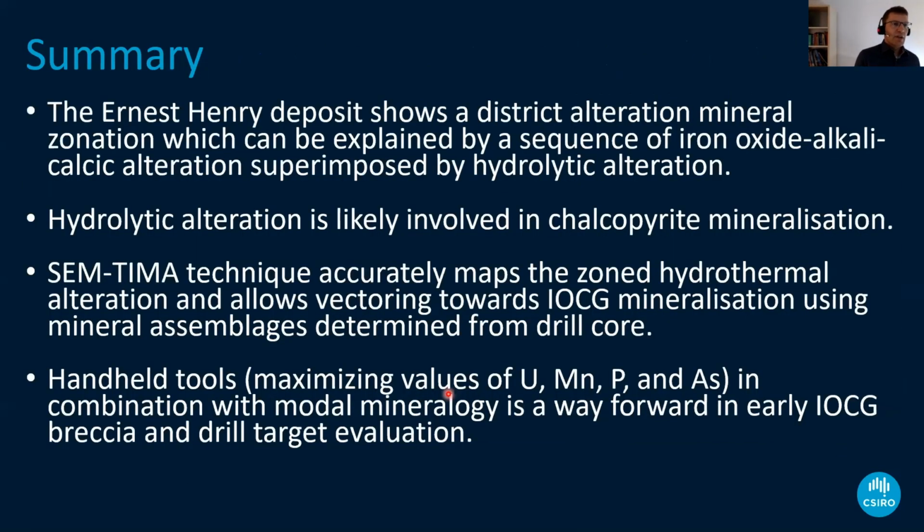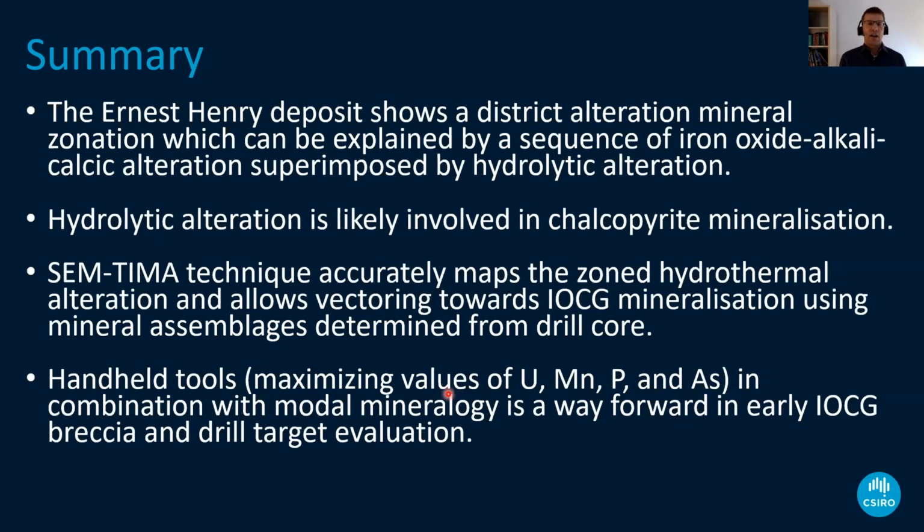The last slide, the Ernest Henry deposit shows a distinct alteration mineralization, which can be explained by a sequence of iron oxide-alkali-calcic alteration, and as I stressed in this talk, superimposed by hydrolytic alteration. The hydrolytic alteration is likely involved in chalcopyrite mineralization, and from an exploration tool perspective, the SEM-TMA technique accurately maps the zone of hydrothermal alteration and allows vectoring towards the mineralization.